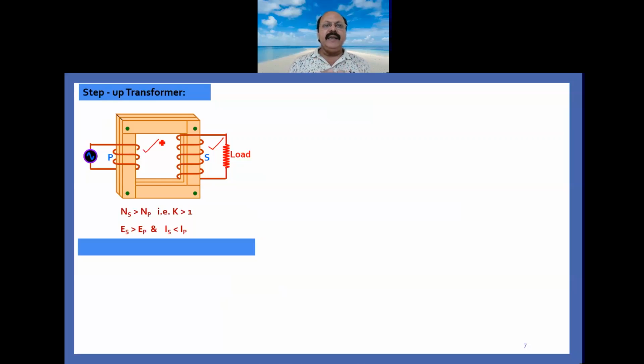So NS greater than NP, that is the transformation ratio is greater than 1, and ES greater than EP, that is the voltage gets stepped up, and IS less than IP, output current less than input current. So this is the condition for step up transformer and its diagram.